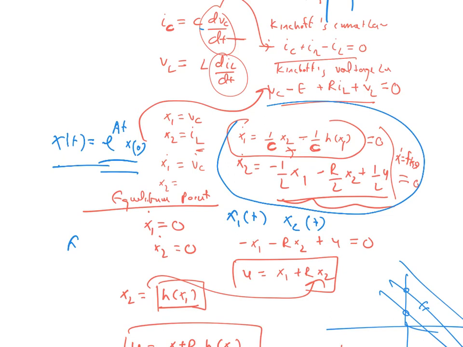Okay, and linear analysis gives you behavior around that equilibrium point. Let's say this is the equilibrium. You can see whether you will be converging in straight lines or in a spiral mode or something like that. That can be analyzed using the linearized system.